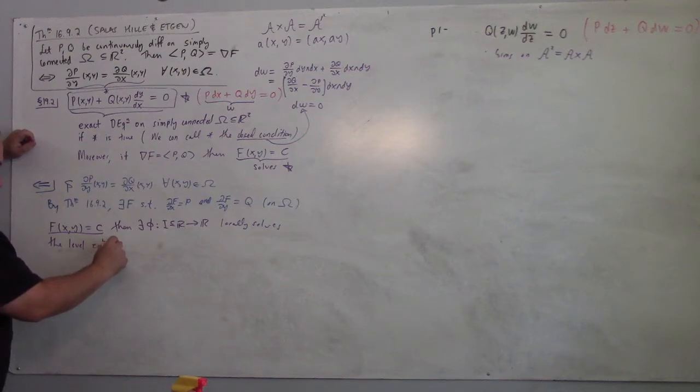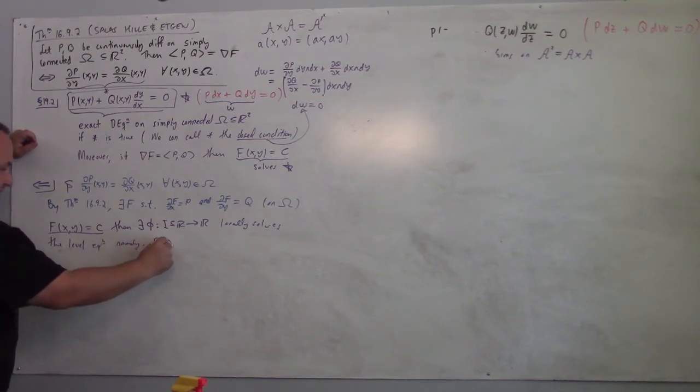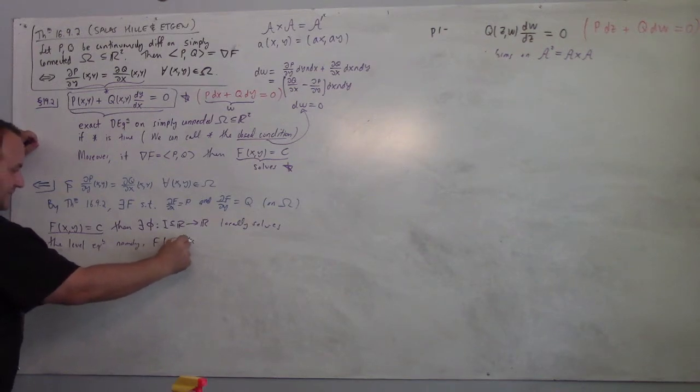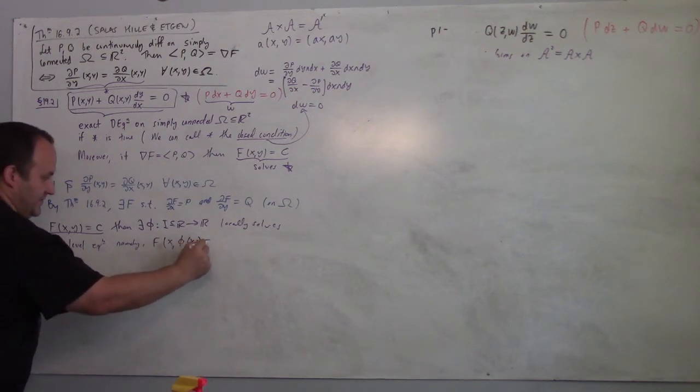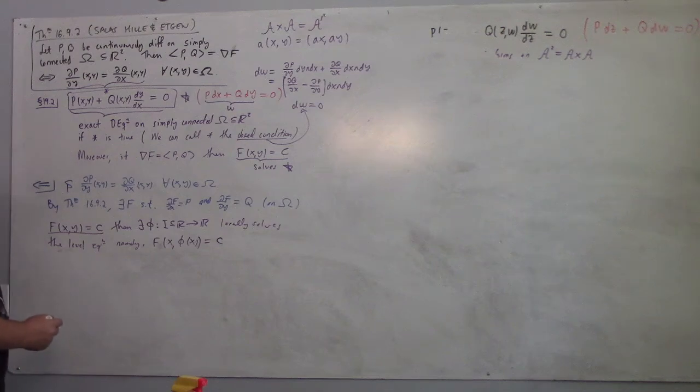Namely, f of x comma phi of x equals a constant, right?